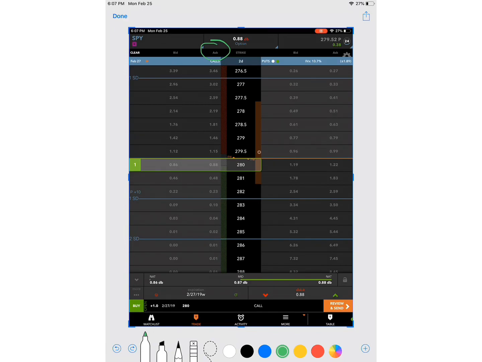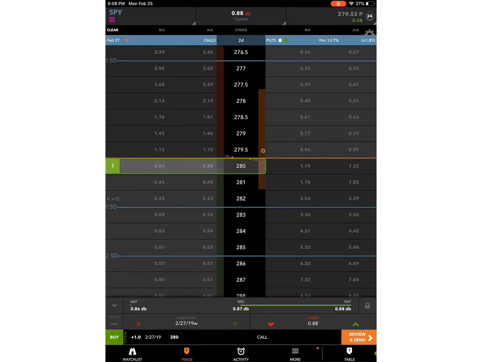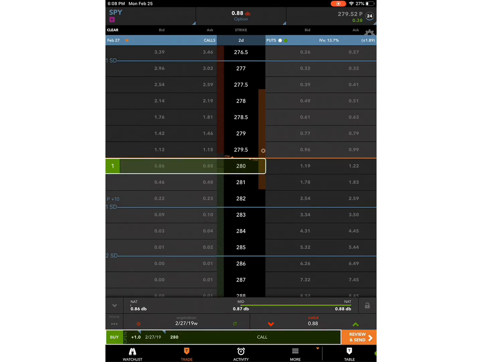So for a call, I'm buying near the ask price. Bam, right? And I'm buying one contract from 2 days out, pretty much. So I would select that 0.88, and then you can always change things.